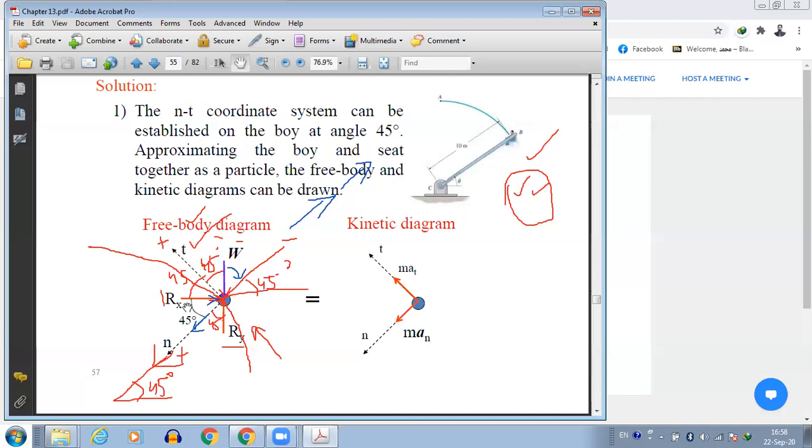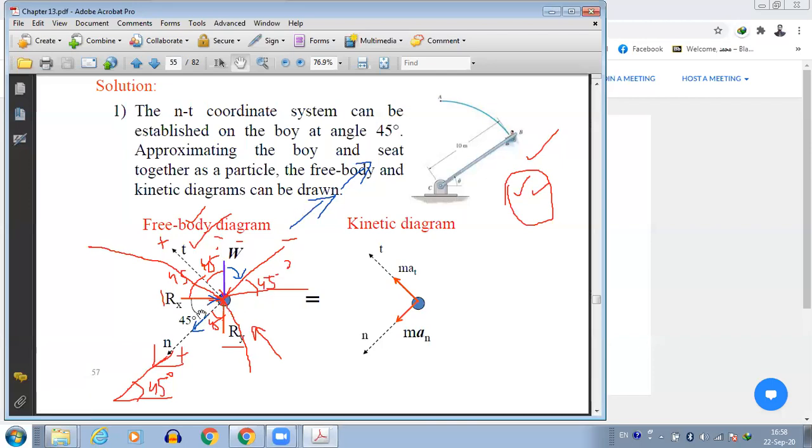We have Rx, which was in the positive x direction. If we take a projection of Rx in the normal direction, will it be in the positive n direction or the negative n direction? See the arrow.